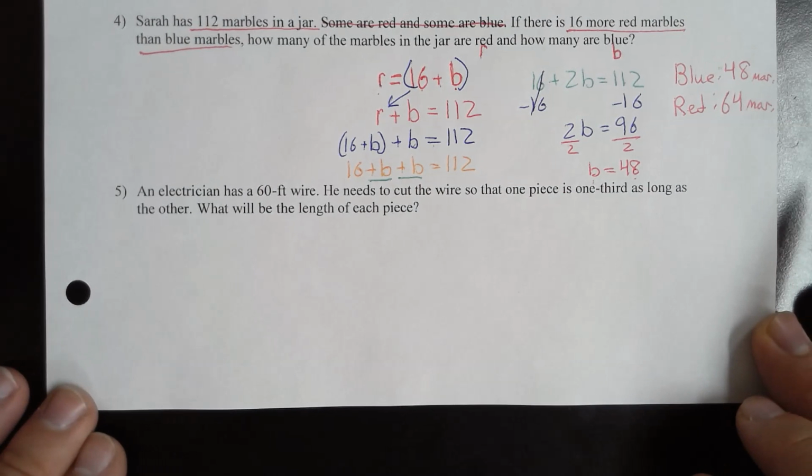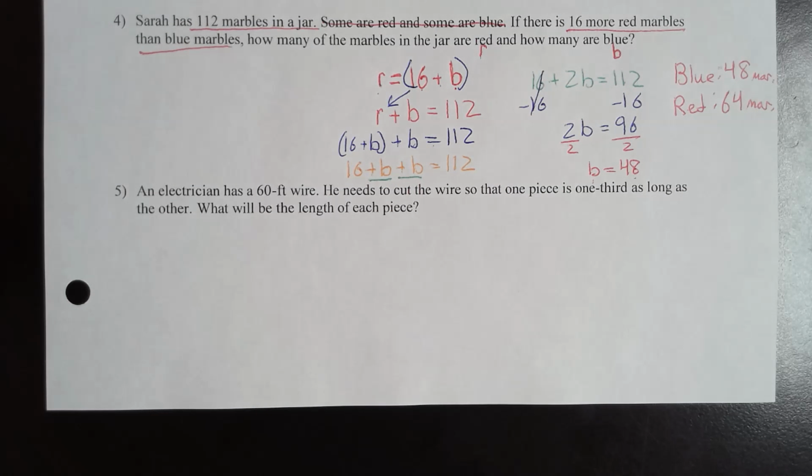It says an electrician has a 60-foot wire. He needs to cut the wire so that one piece is 1/3 as long as the other. What will be the length of each piece? Okay. So, once again, we're looking for how many pieces of wire? 2.